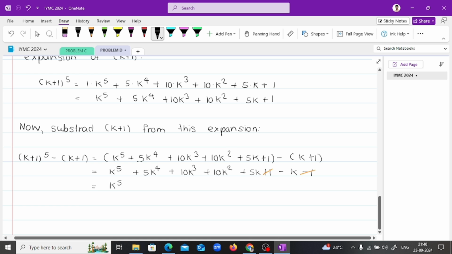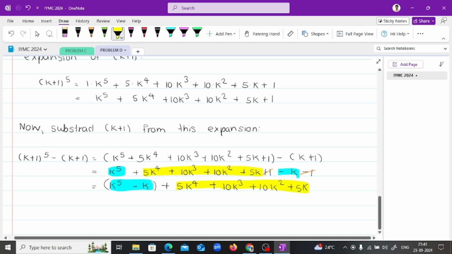So k raised to 5 minus k plus 5k raised to 4 plus 10k cube plus 10k square plus 5k. I have just rearranged the terms, k raised to 5 and k, like this. By changing the order of the terms, the answer will not be affected, and all the remaining terms, 5k raised to 4 plus 10k cube plus 10k square plus 5k, are written here in the second bracket.